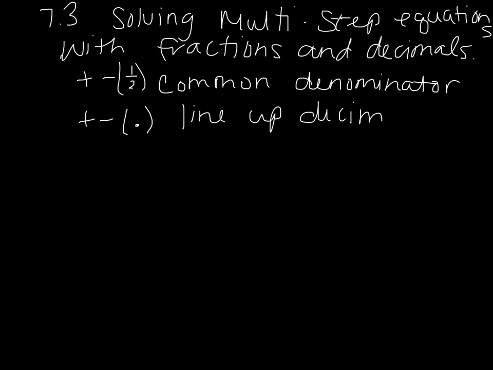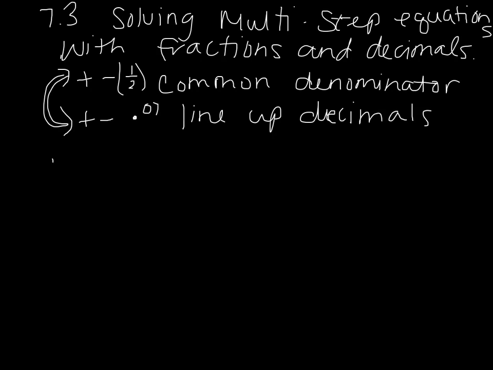Do you have to line them up and find a common denominator for the other ones? No, it's just adding and subtracting that we have the special rules with. So make sure that you remember that that is what we are doing with decimals and fractions. Okay, so when we add and subtract fractions, we need a common denominator. When we add and subtract decimals, we need to line up the decimal point.